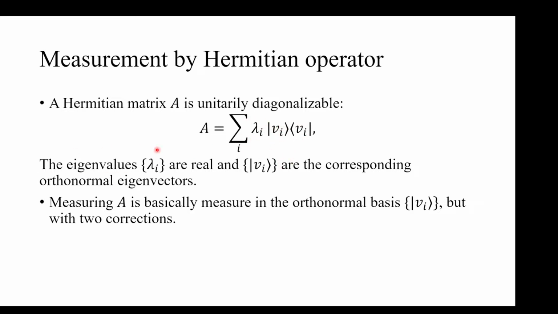Those lambda i are eigenvalues, and because A is Hermitian, the eigenvalues are real, and those vi's are orthonormal eigenvectors.